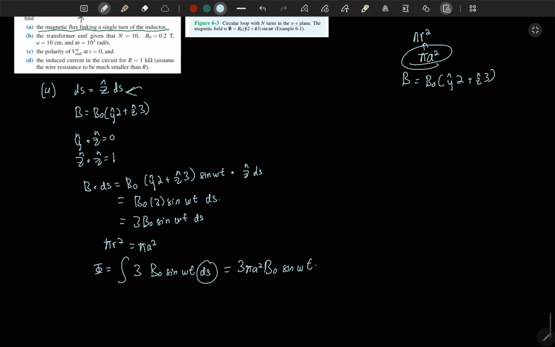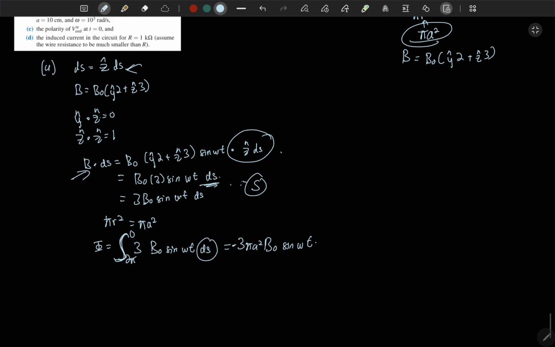We need to multiply by the area, and when we integrate only ds, we get s. Sorry, I apologize, the limits were 2 pi to 0, so you would technically be getting 3. You don't need to put the 2 pi there, you just need to have this. So this is the answer for A.